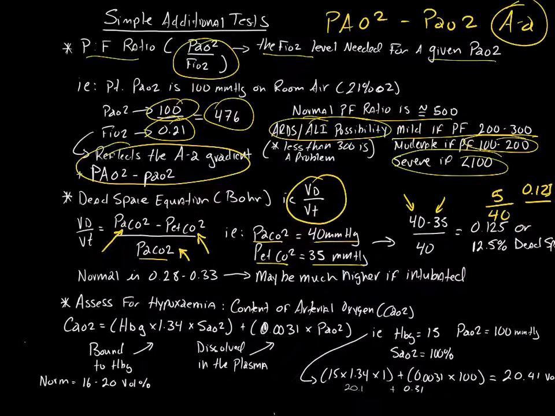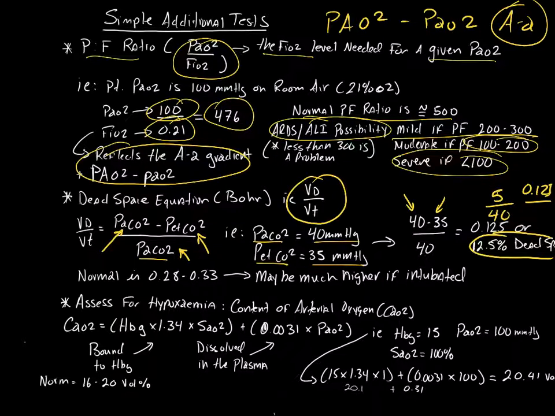Okay, and then if I convert that to a percentage, that would be 12.5%. And so what that tells you is that 12.5% of what they're breathing is dead space. Does that kind of make sense?